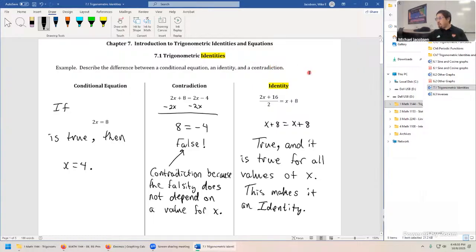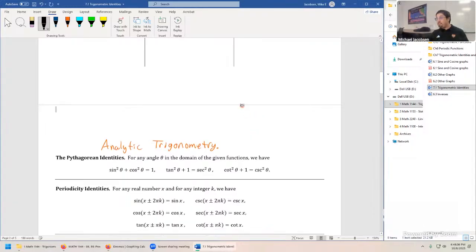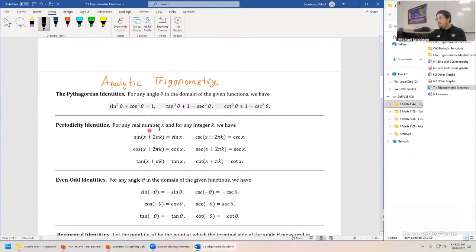So on the next page is our roundup of identities. These are things that we've seen already in chapter 5. This is information we got in chapter 6. We were using the fact that functions are periodic. And this is just another way to convey that. Sin x repeats on any multiple of 2 pi.